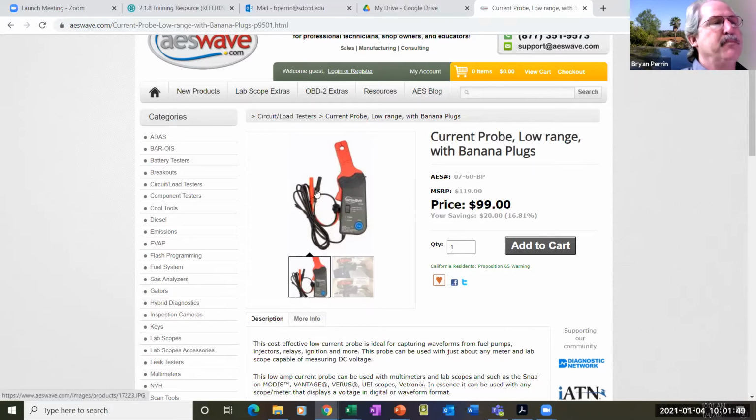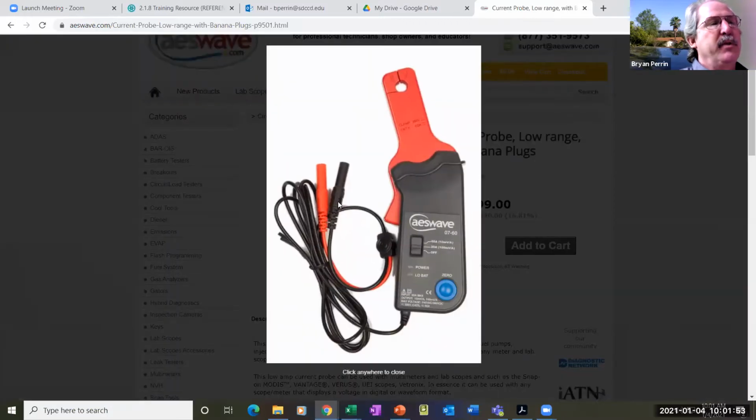But you can see, this plugs into your normal meter, so you can use this with any meter. This has banana plugs, and what it does is it uses a conversion here. So in this case, 10 millivolts to the amp or 100 millivolts to the amp. These all have a conversion on them.